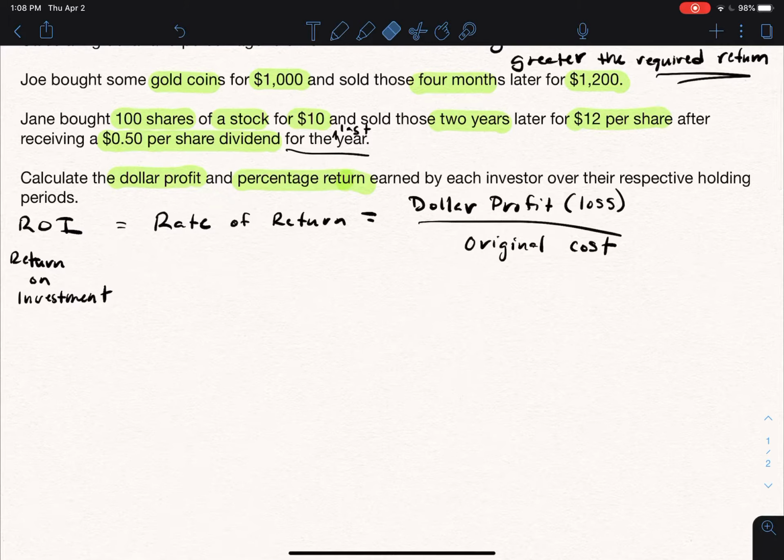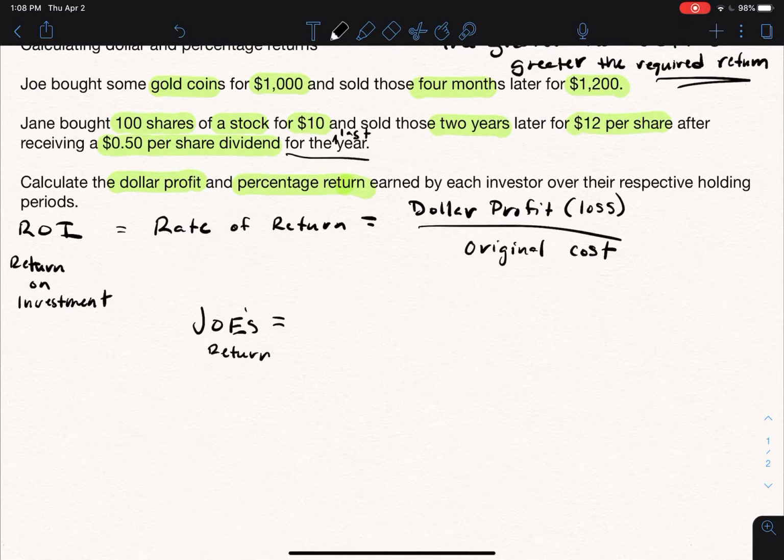All right, so let's look at Joe. Joe's return. Well, did he make a profit or a loss? Well, he started out with $1,000 and he sold for $1,200, right? But that's not going to go up here because it only wants to know what the profit is.